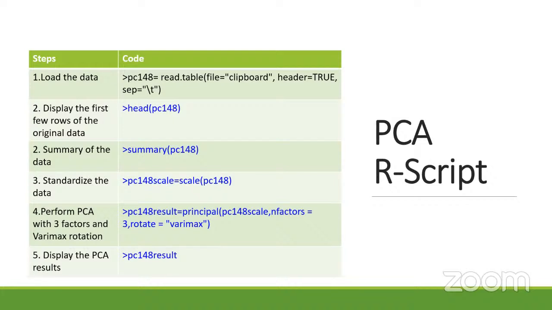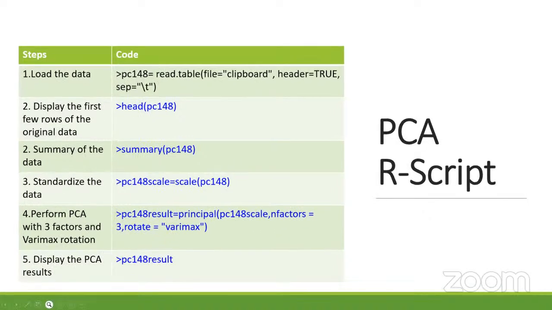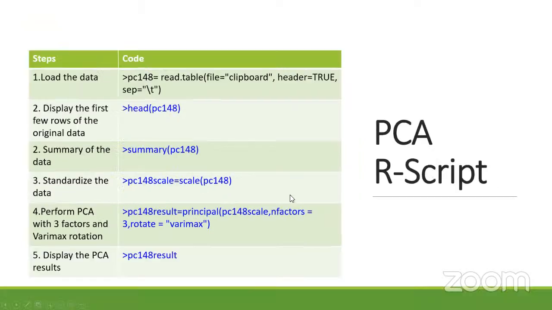Yeah, next our function is to find out whether there is any data missing or not, and what is the quartile of the data. Therefore, we are using the summary command.